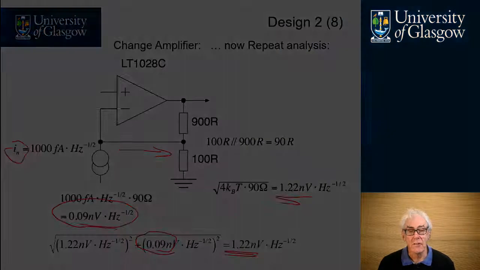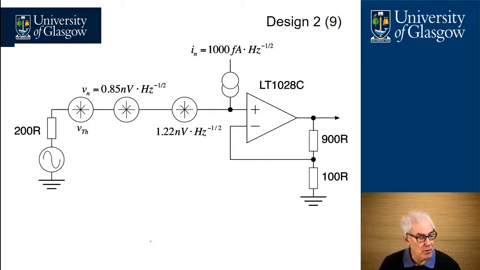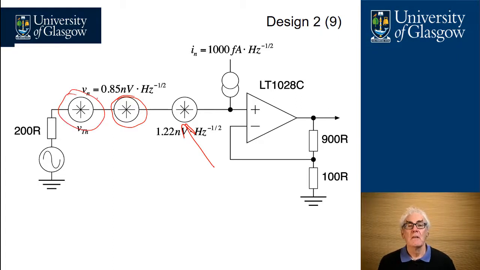The reason that this parameter here disappears is that when you square it, it goes so small it doesn't materially affect the calculations. Going through the same steps before, we can now add in the noise attributed from the feedback resistors and the current flowing into the inverting amplifier node as a 1.22 nanovolt per root hertz voltage source here, which is in series with the amplifier noise of 0.85 nanovolts per root hertz and the Thevenin noise source from the 200 ohms.